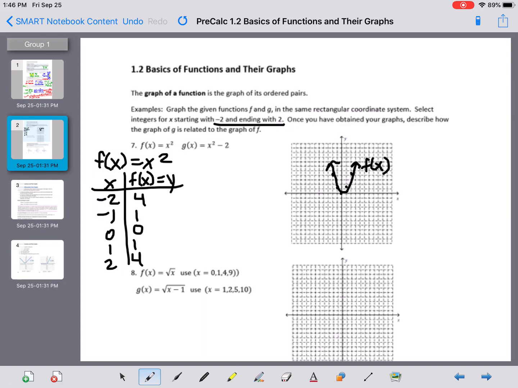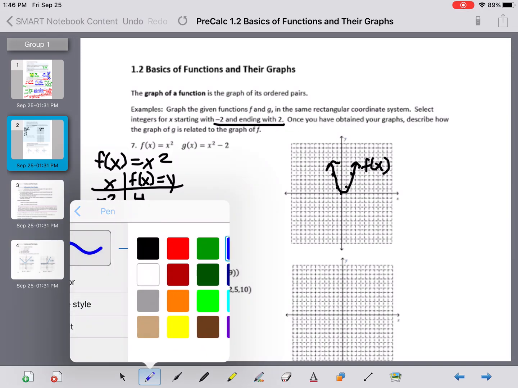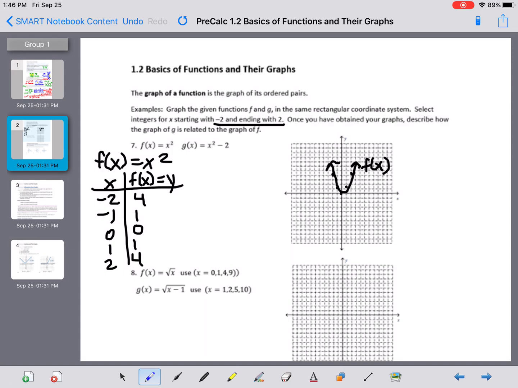All right, changing colors here so we can see the difference. Now I'm going to do g of x, which is x squared minus 2. So it should still be a parabola, but of course it's going to change slightly. This is my g of x or my y. Again, I'm going through the negative 2 to 2's. Negative 2 squared is 4, minus 2 is 2.